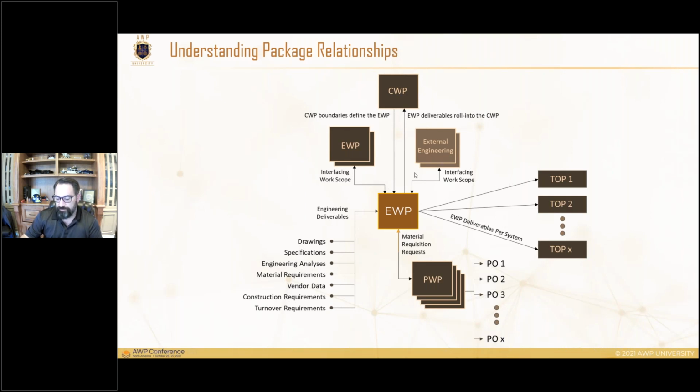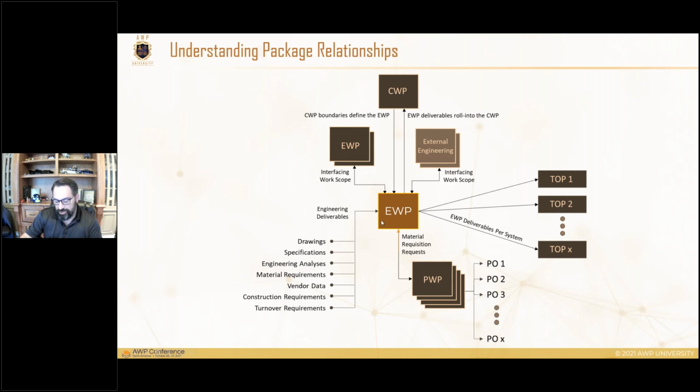Better management and better visibility of that external engineering, being vendor data, tied to the EWP will give us much more efficient constraint-managed scheduling. And then of course the PWP tying to that EWP for material requisition and also scheduling of that item, and the different POs tied to those PWPs to support the EWP.